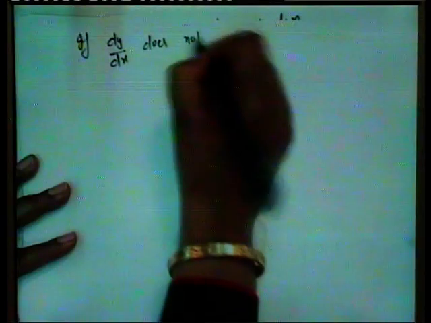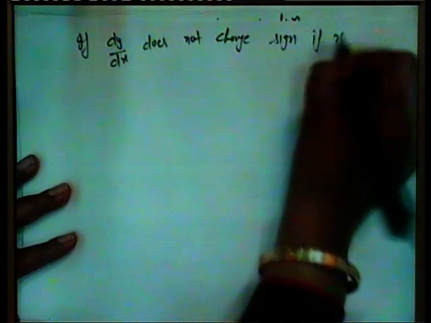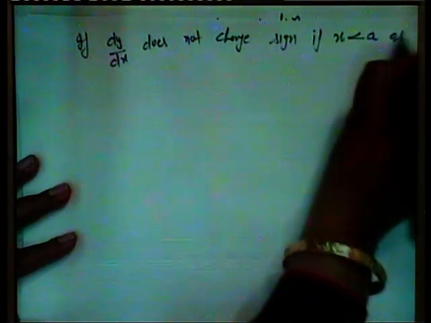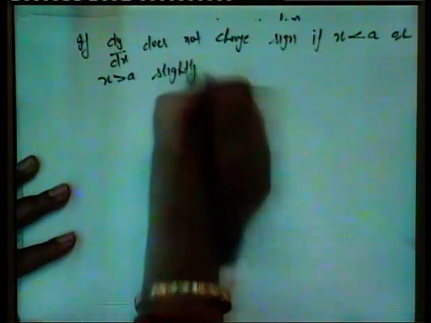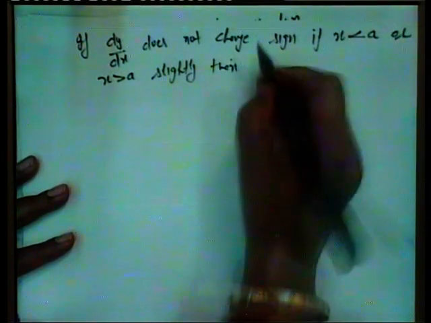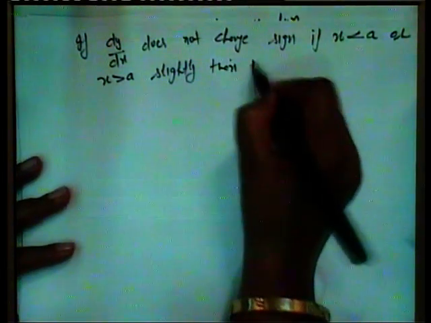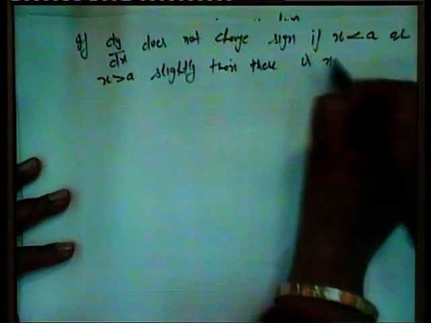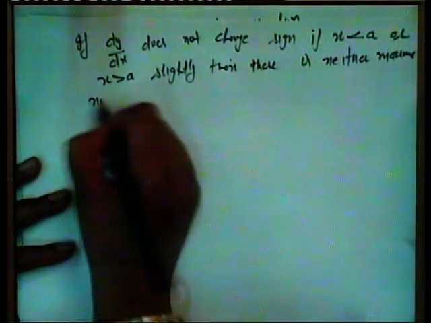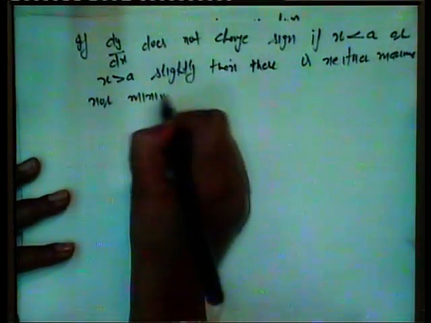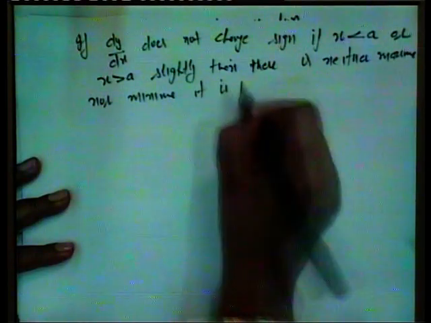If dy by dx does not change sign if x is less than a or x is greater than a slightly, then there is neither maxima nor minima. It is a point of inflection.